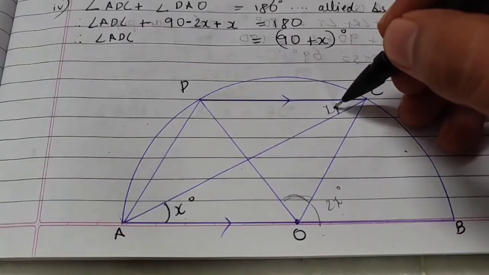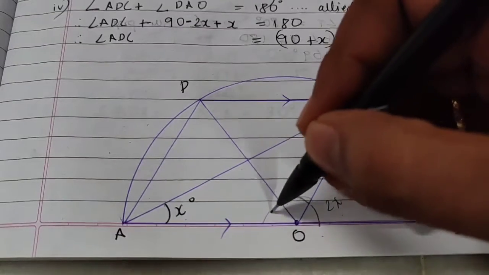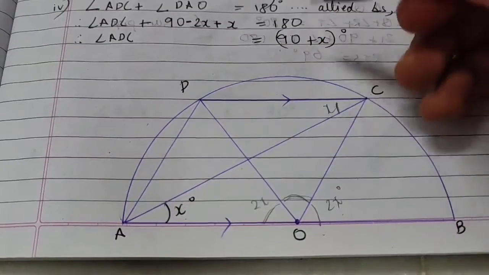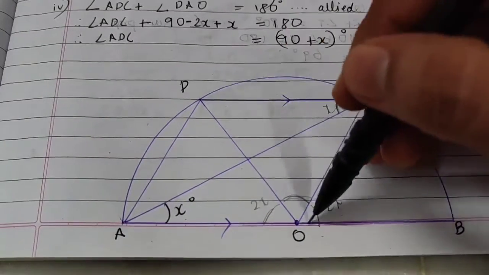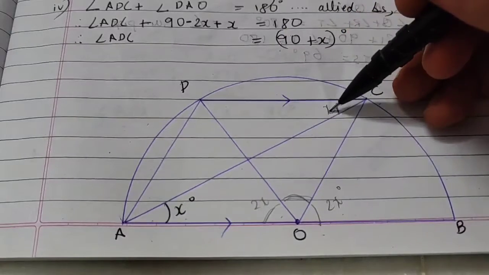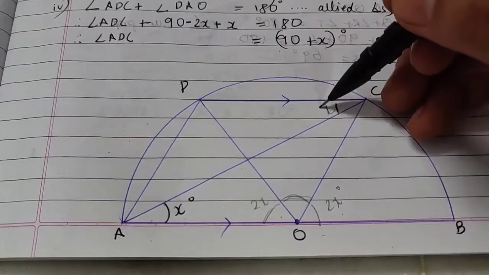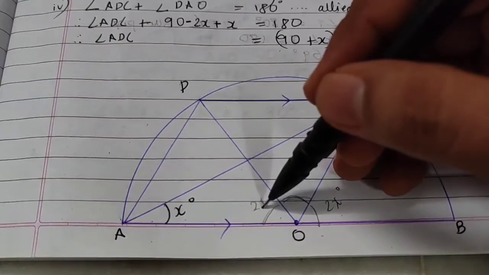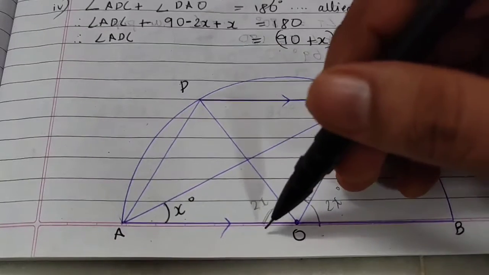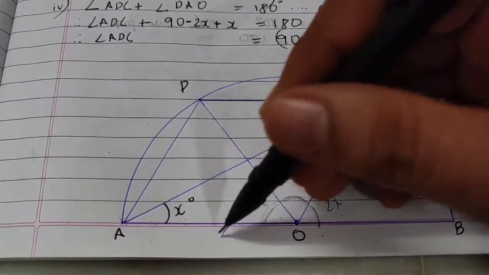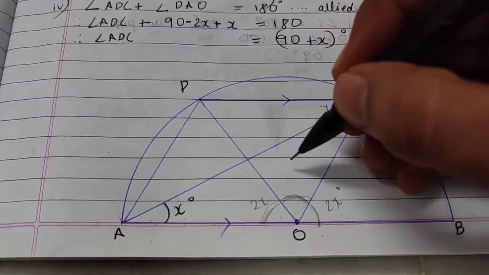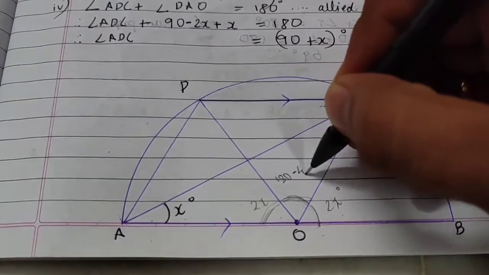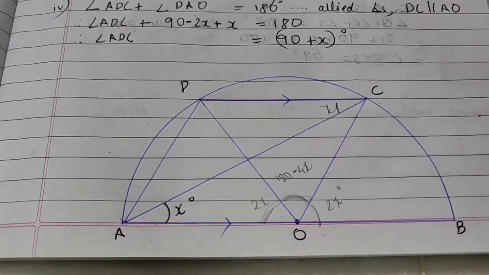And if DCA is x, then DOA will be double that, because it's a central angle for this angle at the circumference. So it's 2x. Now if this is 2x and this is 2x, and these three angles together form angles on a straight line, which is always equal to 180 degrees totally, this will become 180 minus 4x. So that's the answer.